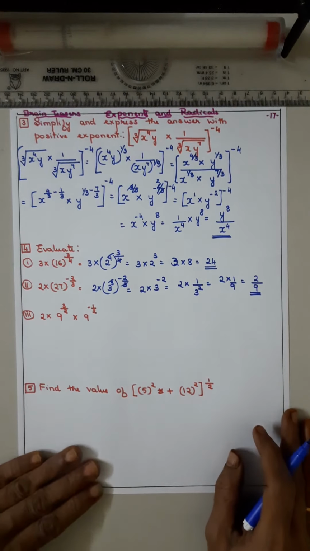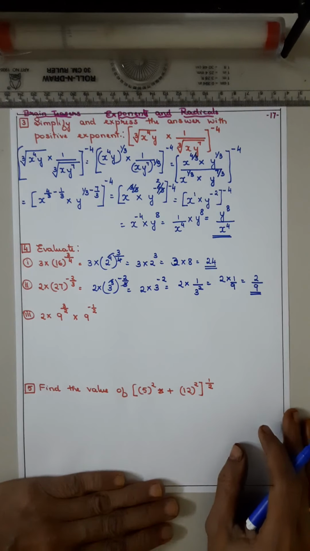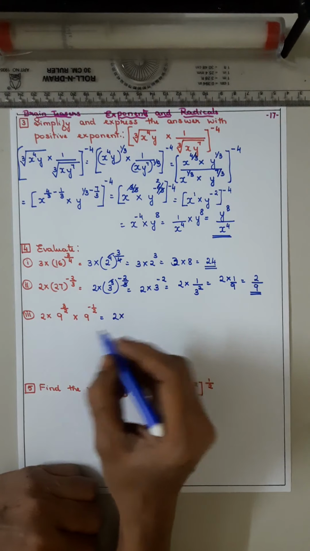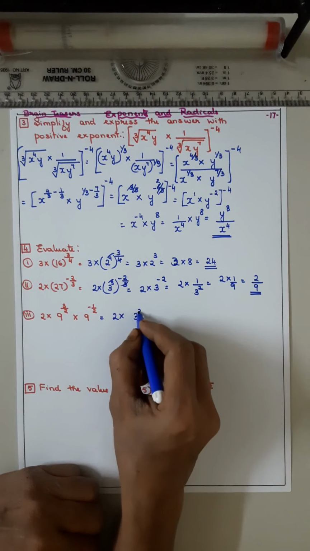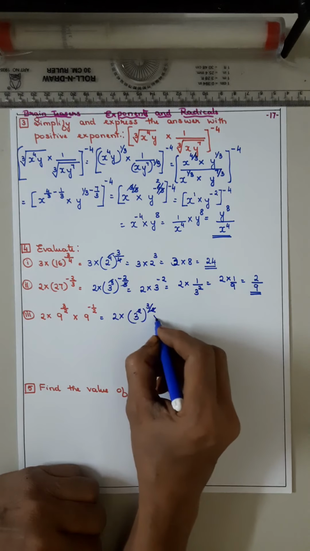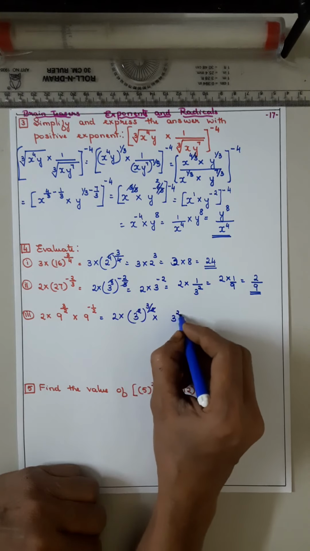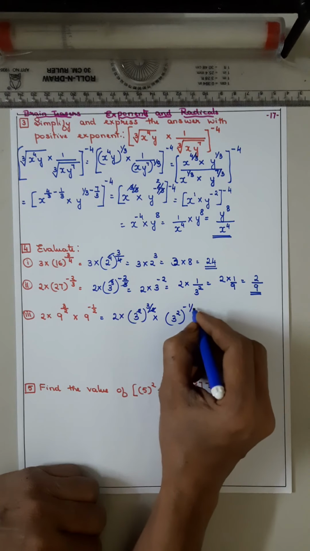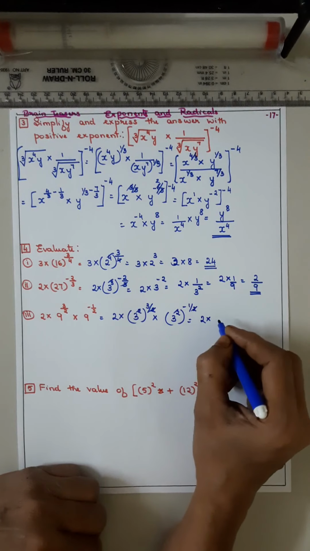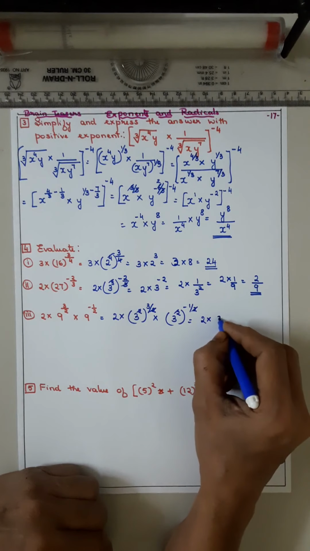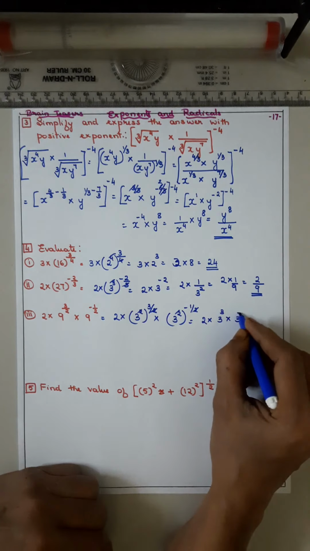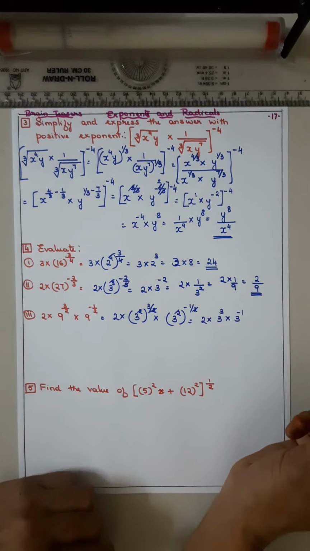Okay. Now coming to the third sum. It is 2 into 9 is 3 squared raised to 3 by 2. 2 gets cancelled. Now 3 squared raised to minus 1 by 2. 2 gets cancelled. So it became 2 into 3 to the power 3 into 3 to the power minus 1.